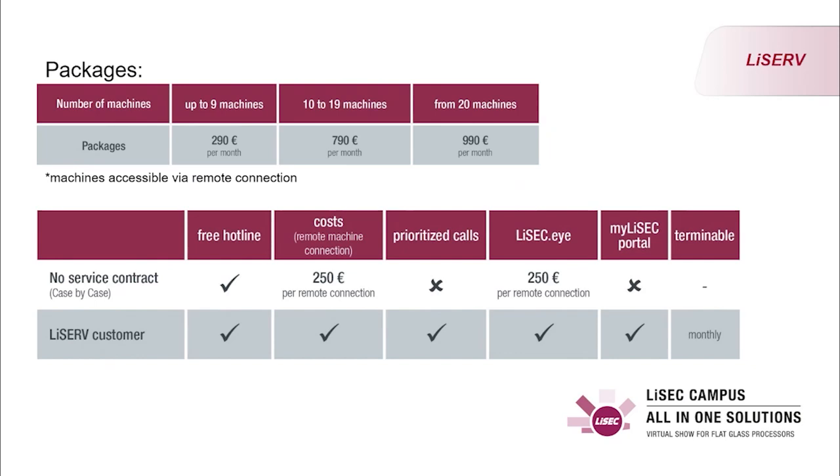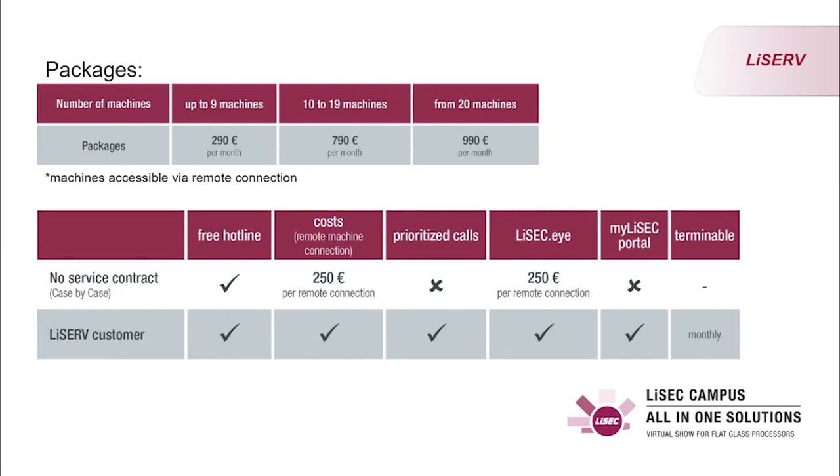What happens if you do not have a contract? Without the contract, the hotline, of course, stays as well free of charge for your questions. But as soon as we now need to connect to your machines via remote connection or LiSEC, the charges of 250 euros will apply for 1 support case, as mentioned before.